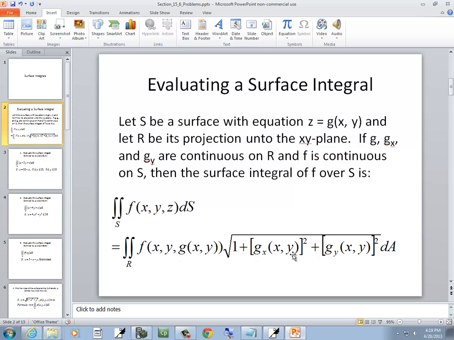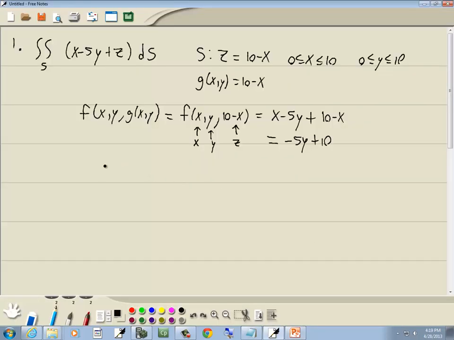Well, we need the partial with respect to x and the partial with respect to y. Taking a look at this, the partial with respect to x is negative 1. The partial with respect to y, well, there is no y in there, so that'd be 0.